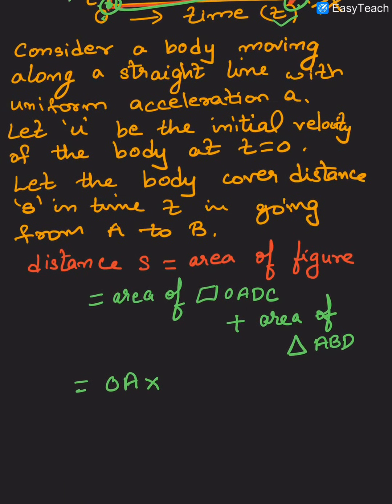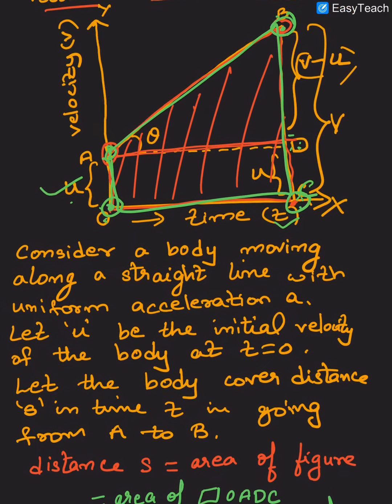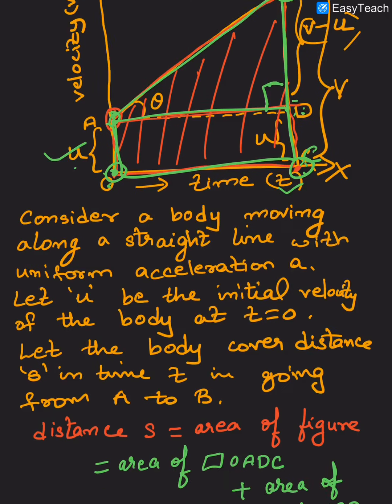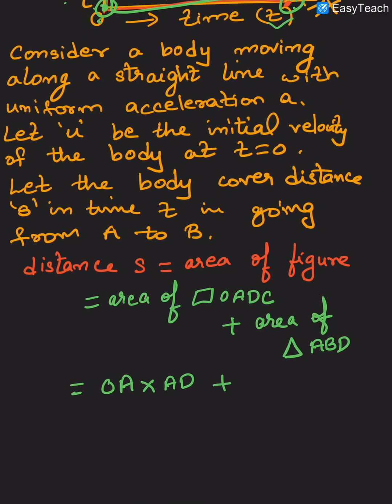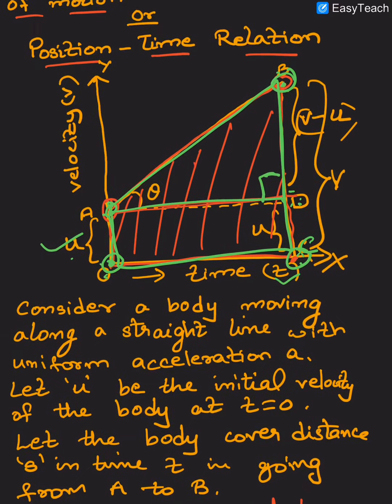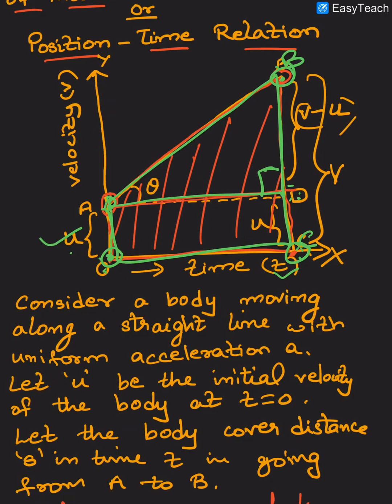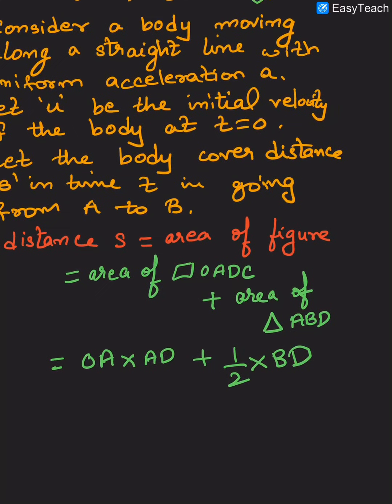Plus the area of the triangle. It is a right angle triangle, so the perpendicular sides form the base and the height. So half into BD into AD.